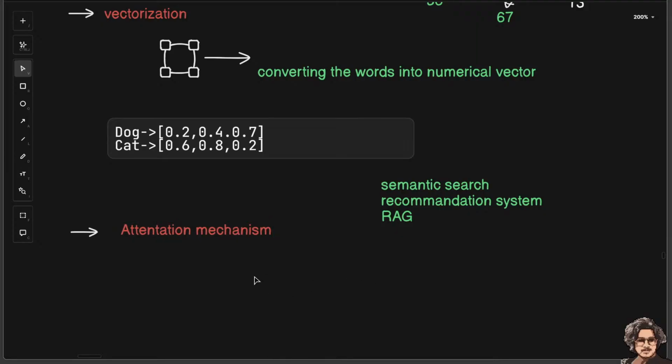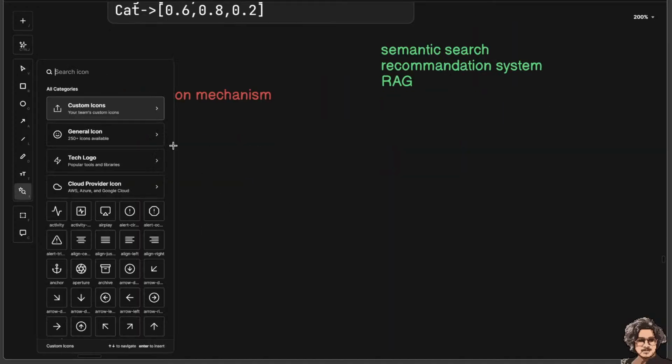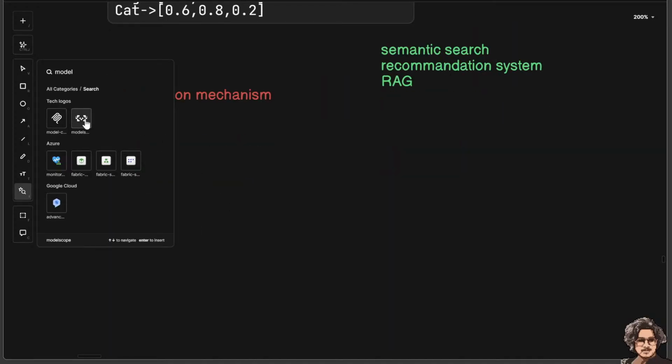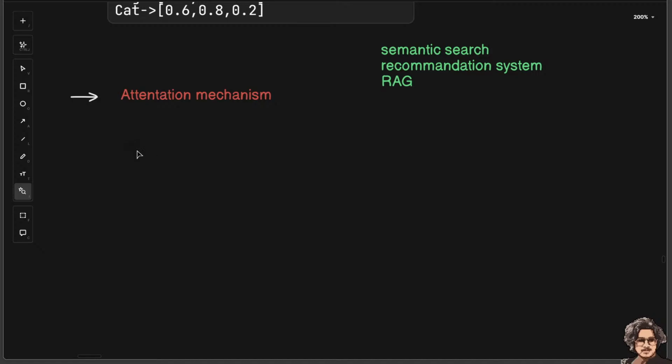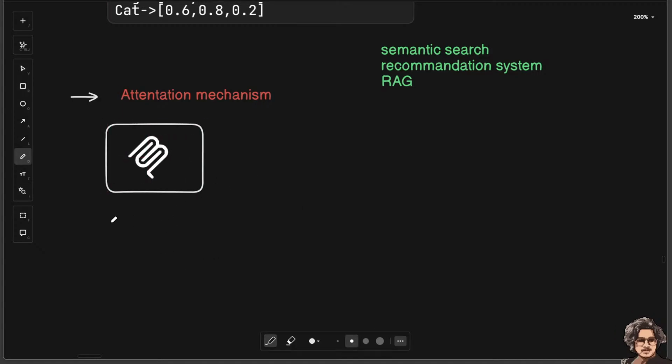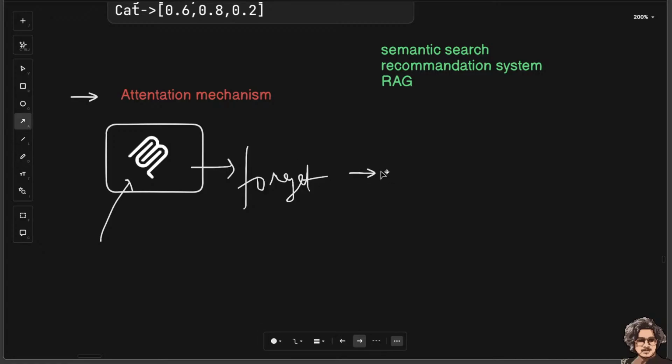When we provide some input data, it will be forgotten. For that we found a solution, that is attention. Attention helps the model to focus on the important parts.